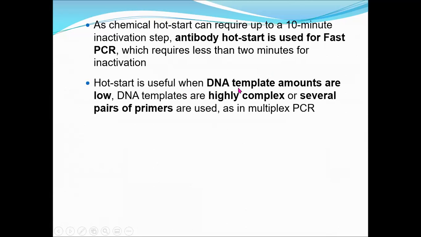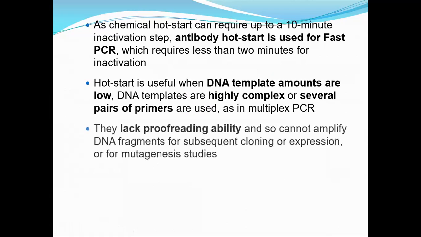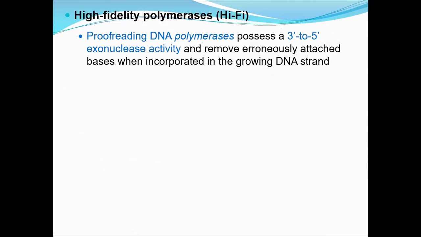Hot start is useful when you have a small amount of DNA template, or the DNA is more complex, or there are several pairs of primers being used, that means in multiplex PCR. This hot start polymerase also lacks proofreading activity, so it cannot be used for cloning, expression or mutagenesis studies. An example is hot start Taq DNA polymerase.